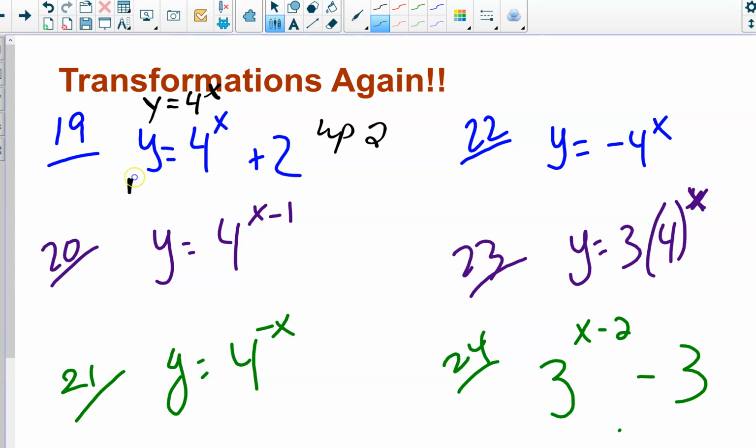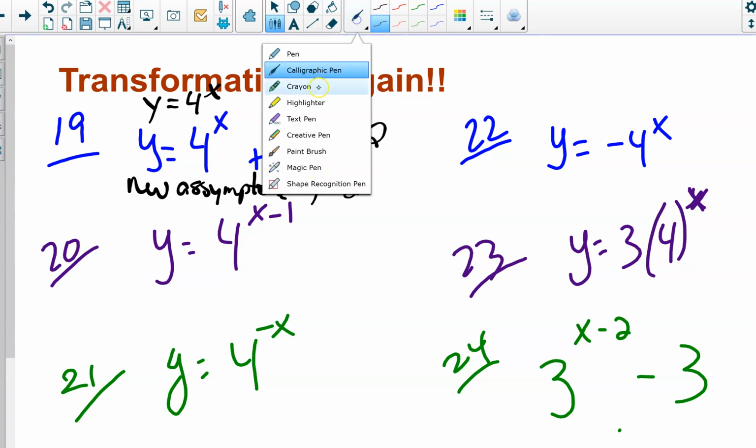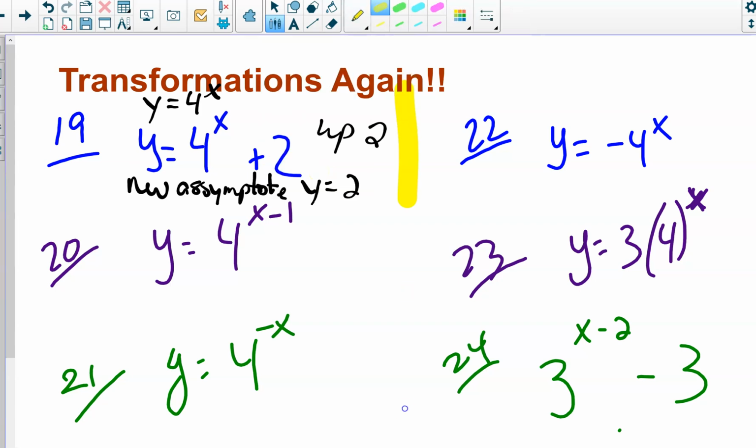And I just want to point out on this one, the new asymptote is y equals 2, because this one went up 2. So just be really careful that you see that.